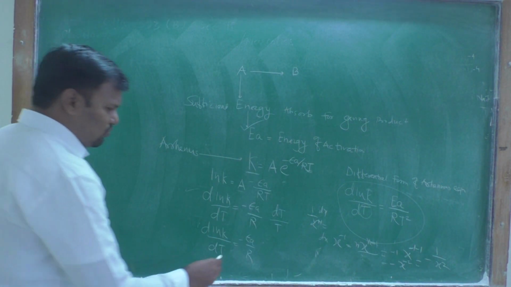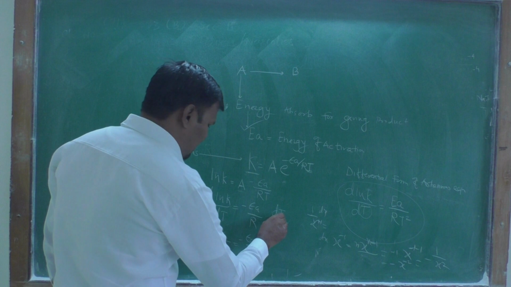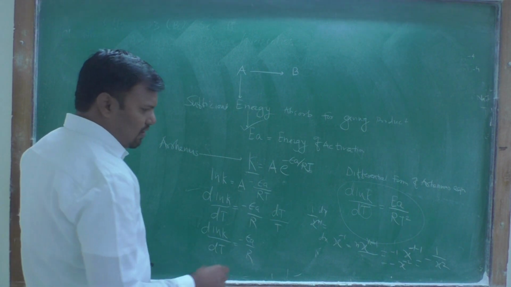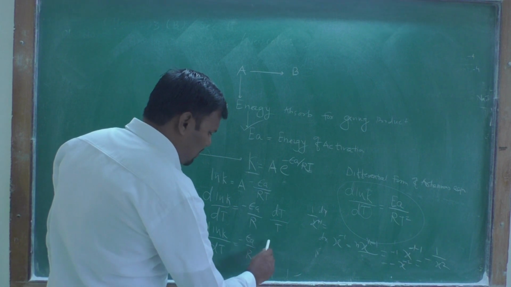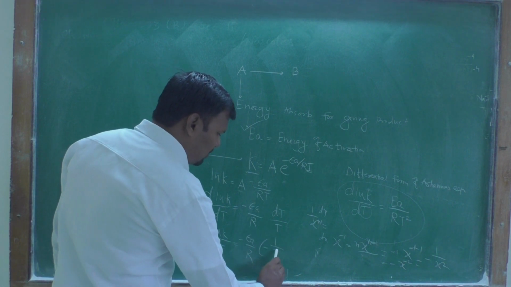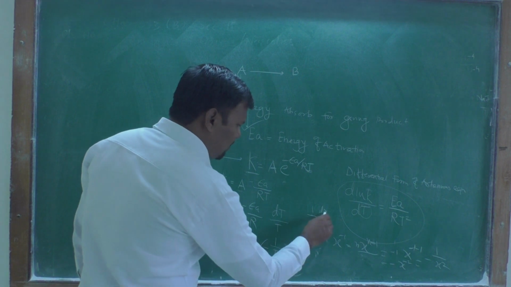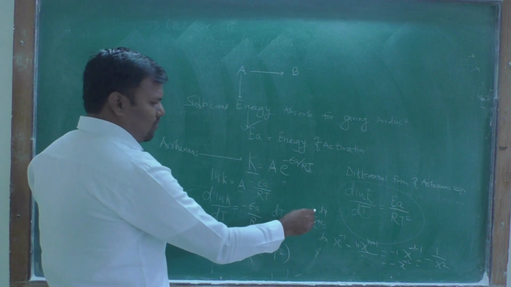Like that, when you find its derivative with respect to T, it becomes minus 1 upon T square. Like that, we differentiate 1 upon x.